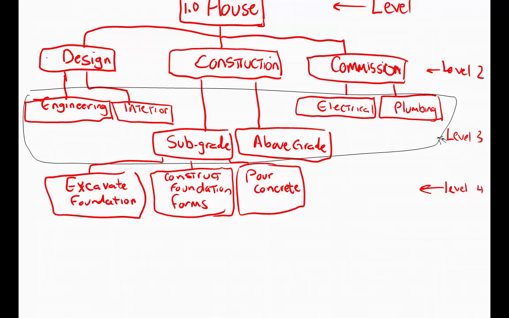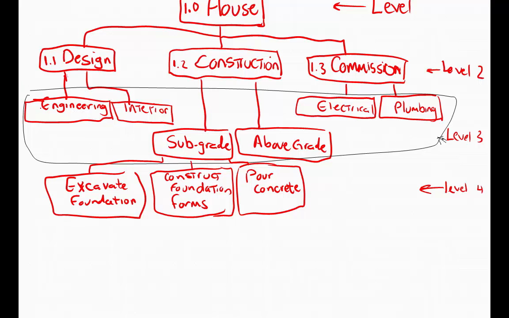So for design, it would be classified as 1.1. Construction would be 1.2. Commissioning would be 1.3. So this numbering sequence identifies your deliverables as a level 2 in your WBS.